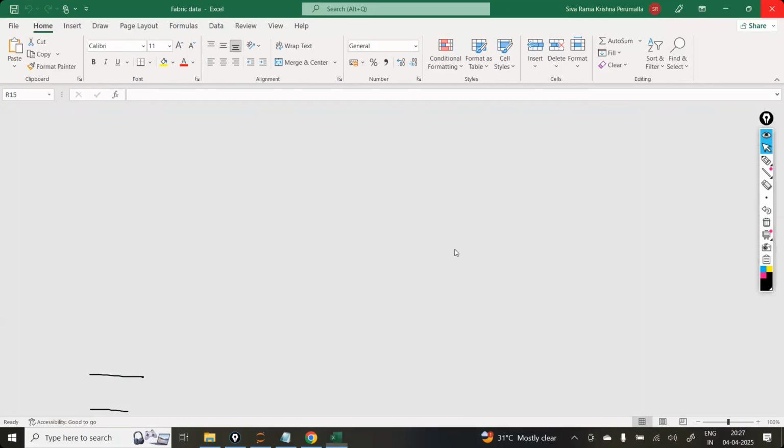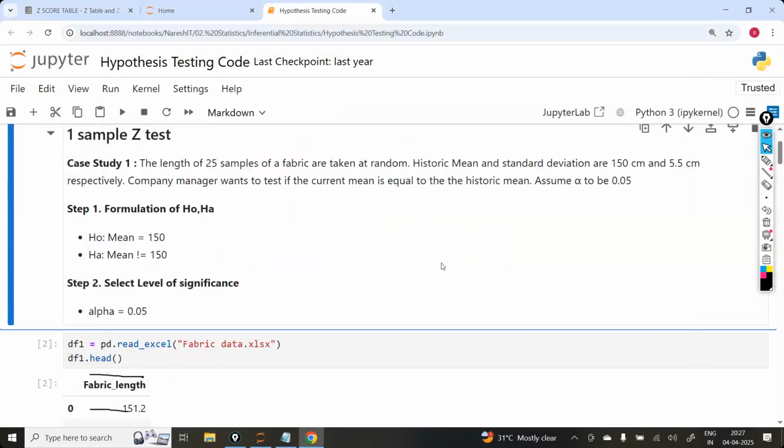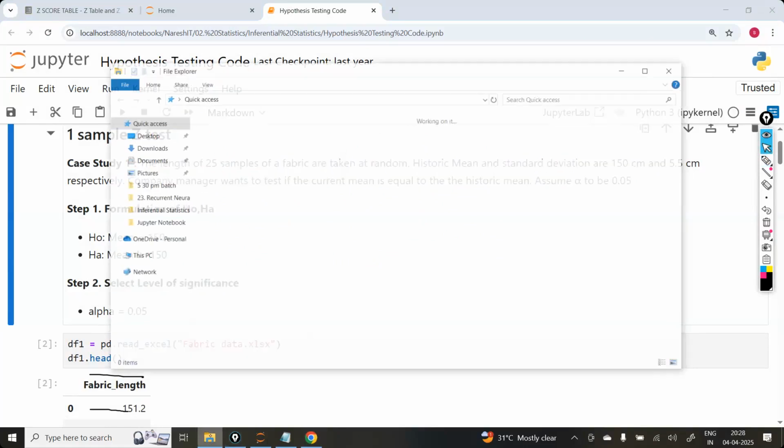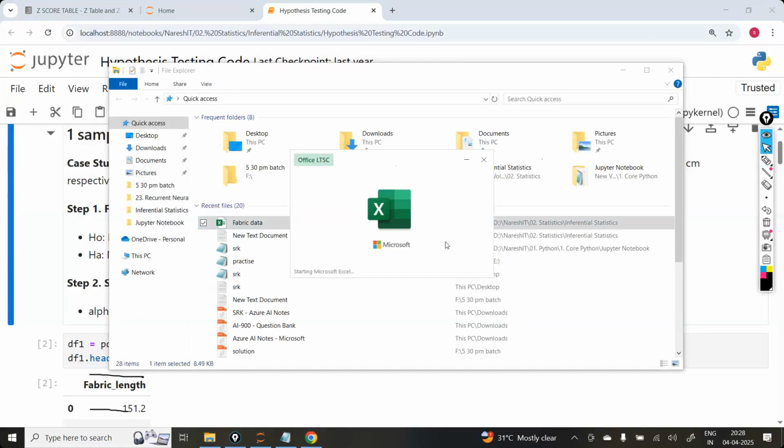Now the same thing, you are doing from the inspector point of view. Now what is the null and alternate hypothesis? Greater than or equal to. Okay. Now manually, you tell me. No need to do even the hypothesis test, just by seeing this one.